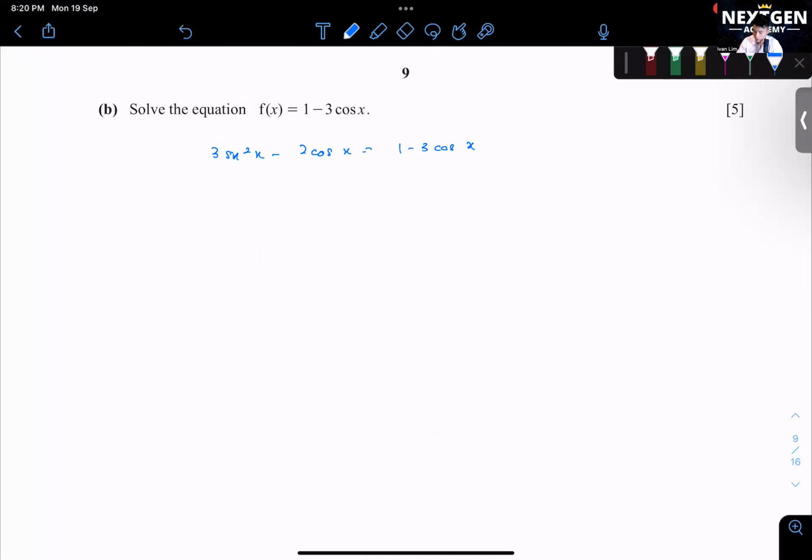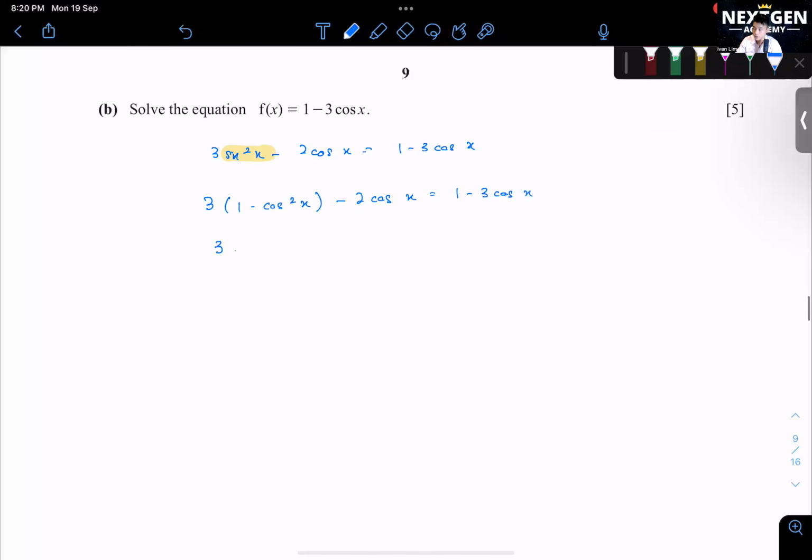Got sine, got cos, change everything. So use your identities. Sine square x, we change it to 1 minus cos square x. Using your identities, 1 minus cos square x minus 2 cos x equals to 1 minus 3 cos x.